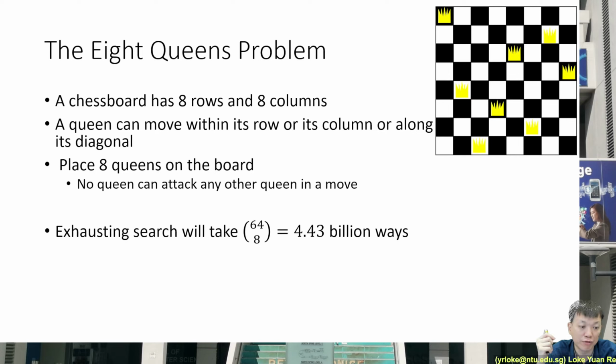The number of combinations is 4.4 billion. That means you try out 4.4 billion ways, and this is just 8 by 8. When you go to 10 by 10, it's 100 choose 10, which is much higher. So of course, this is not a very smart way.